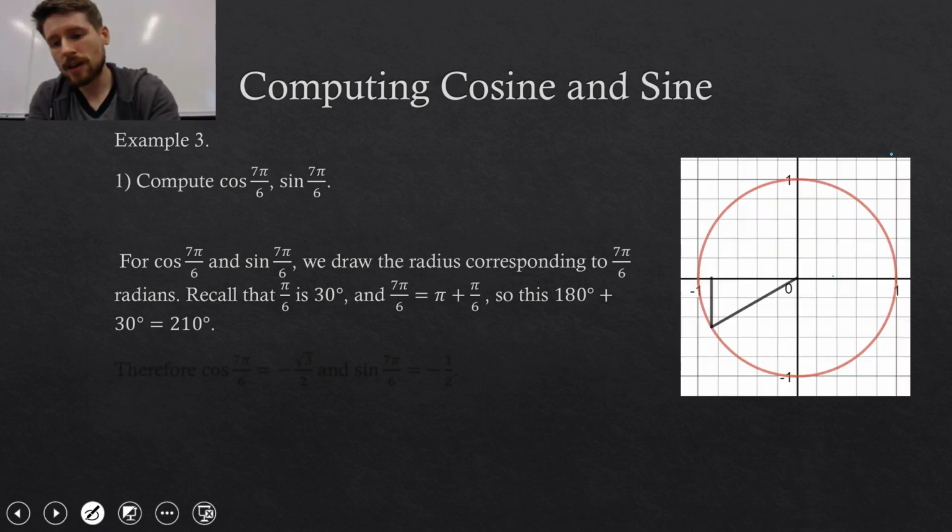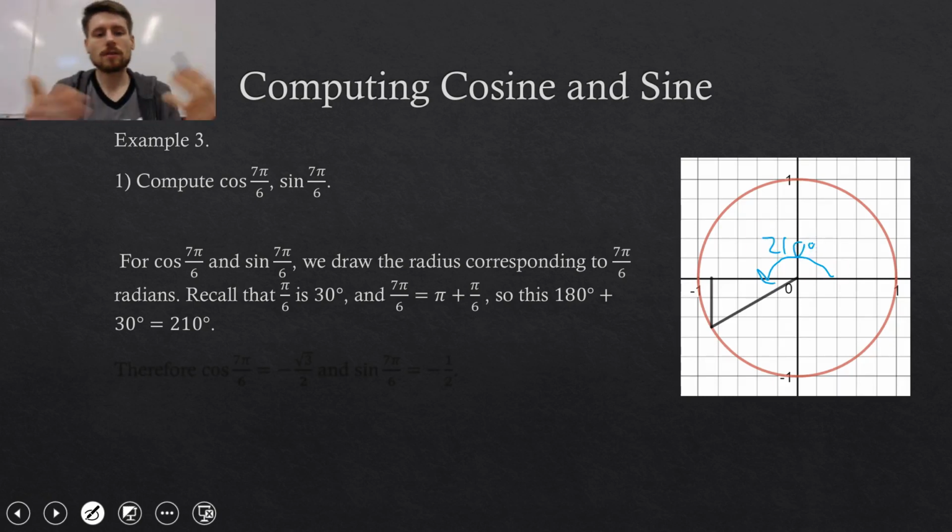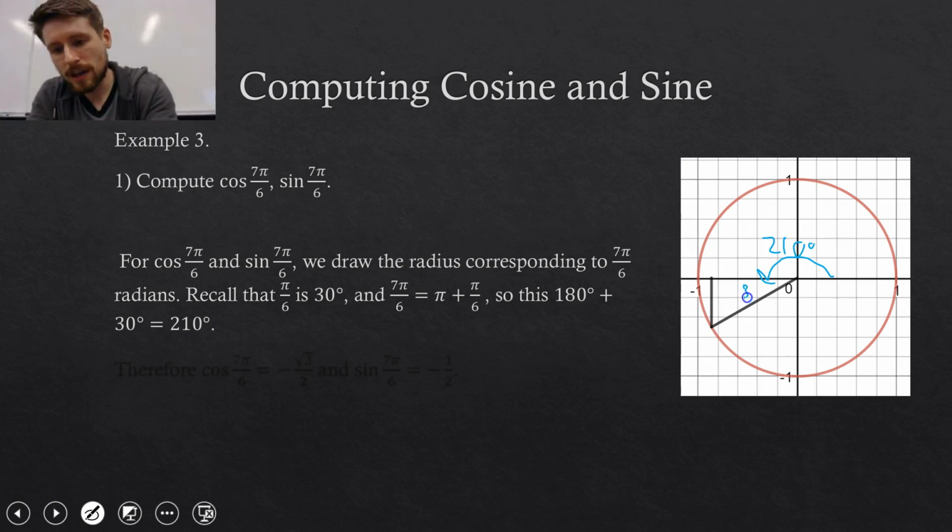Sketching that 210 degree angle, here's 210 degrees. We recall, this is again a 30, 60, 90 triangle. Here's my 30 degree angle, right there. And so I know the side lengths, I know the endpoint of this radius. I know this is going to be minus 1/2 in the y, and I know this is going to be minus root 3 over 2 in the x.